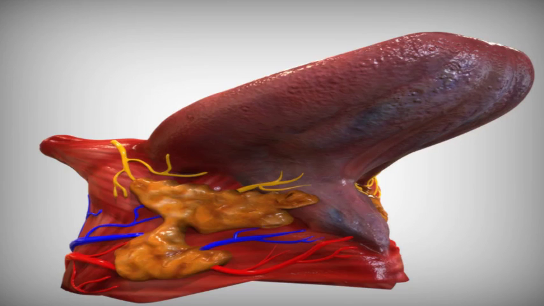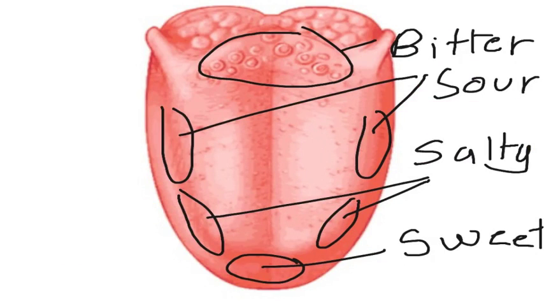The posterior part is, at its root, directed backward, and connected with the hyoid bone by the hyoglossi and genioglossi muscles and the hyoglossal membrane, with the epiglottis by 3 glossoepiglottic folds of mucous membrane, with the soft palate by the glossopalatine arches, and with the pharynx by the superior pharyngeal constrictor muscle and the mucous membrane. It also forms the anterior wall of the oropharynx.